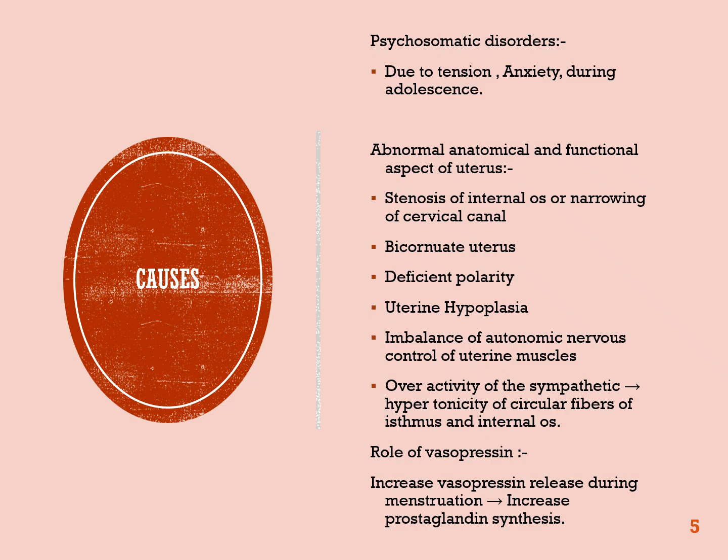Autonomic imbalance may lead to excessive sympathetic stimulation, causing increased uterine muscle contractions. Vasopressin levels may also increase during menstruation, stimulating prostaglandin production and enhancing uterine contractions, leading to pain.